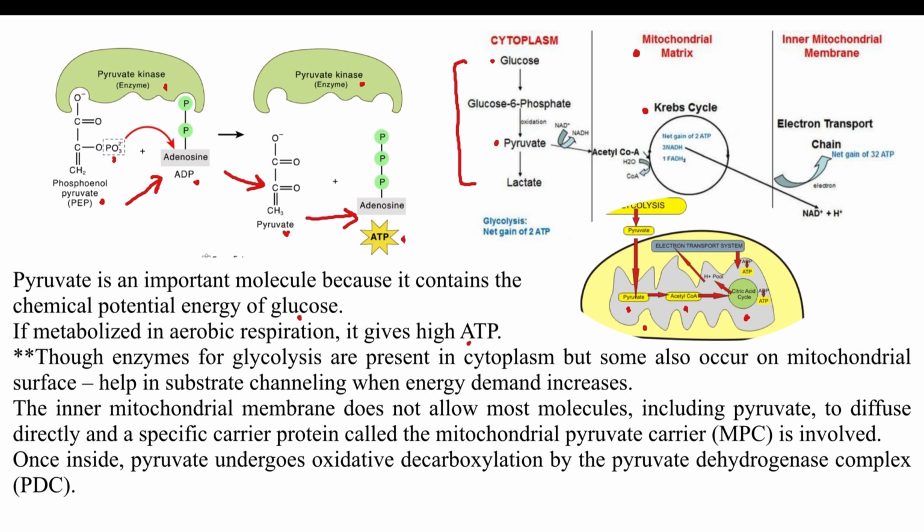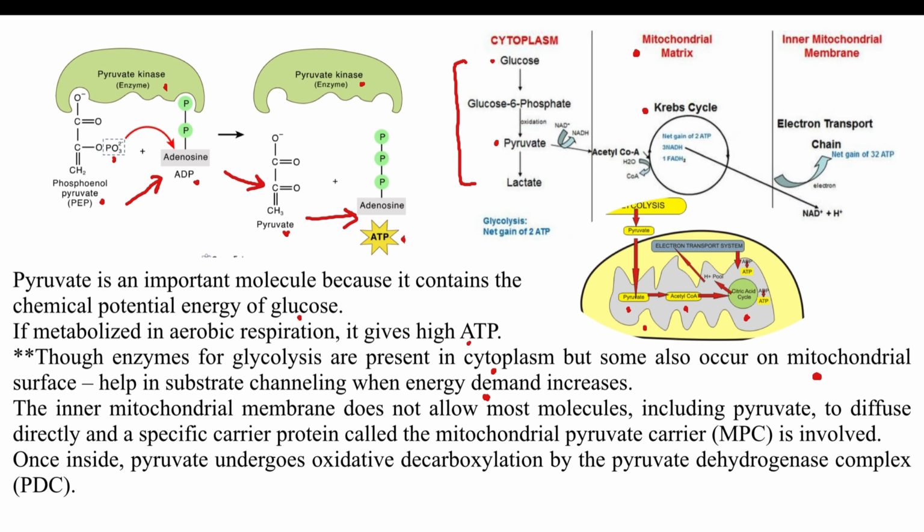Children, there are additional enzymes present on the surface of the mitochondria, and they also carry out glycolysis of a slightly different type, but it is basically the same, with substrate channeling, where you need the substrate only to produce ATP.